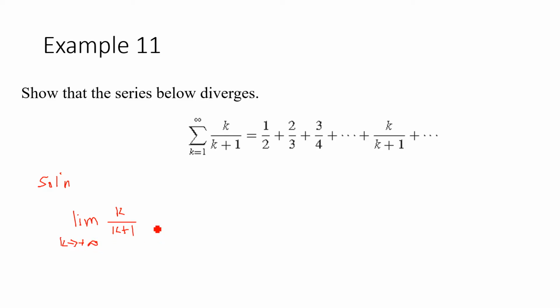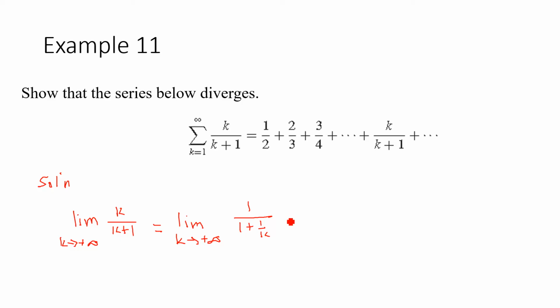So in this case, we have to divide by k. If we divide our numerator and denominator by k, you have the limit of 1 over 1 plus 1 over k as k approaches positive infinity.